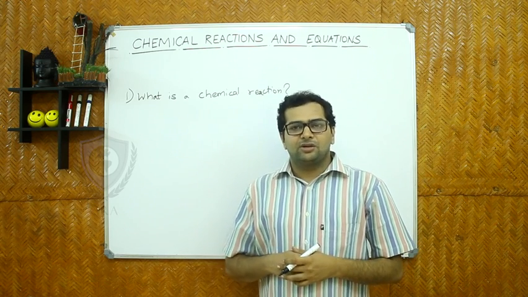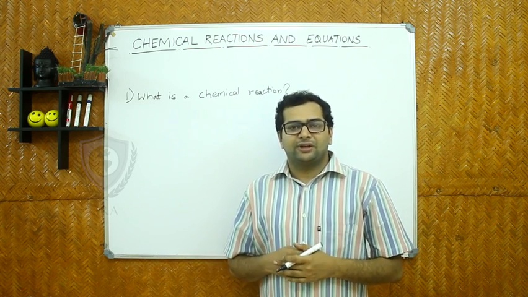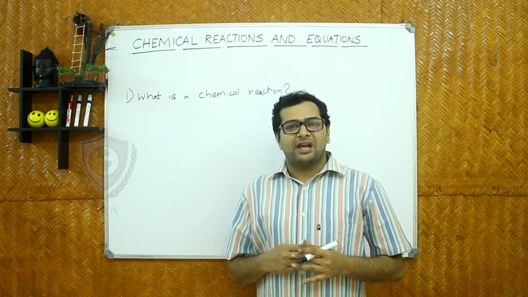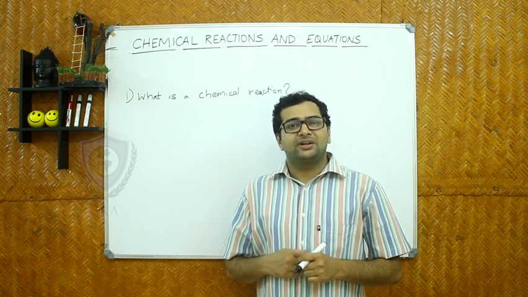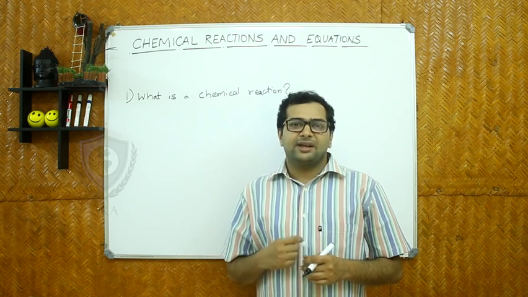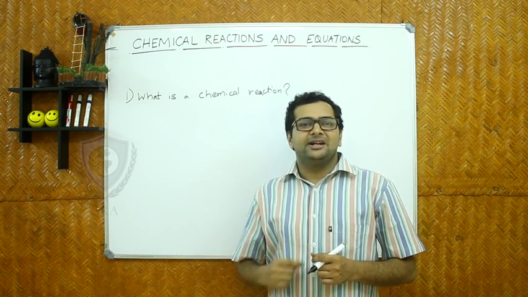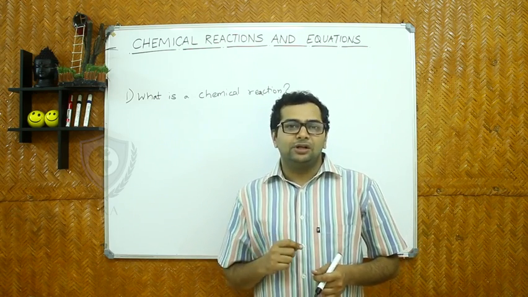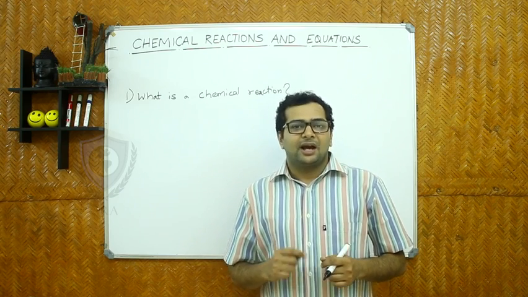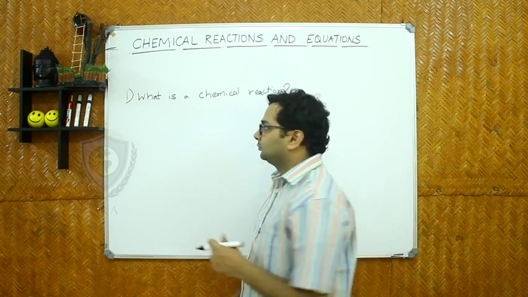So for this, let's look at the definition of a chemical reaction. A chemical reaction is a transformation of a chemical substance into another chemical substance. So let's write it down and see each of the key words in this particular definition and understand them better.